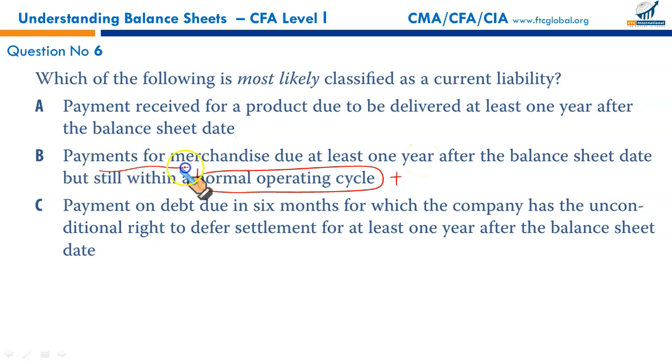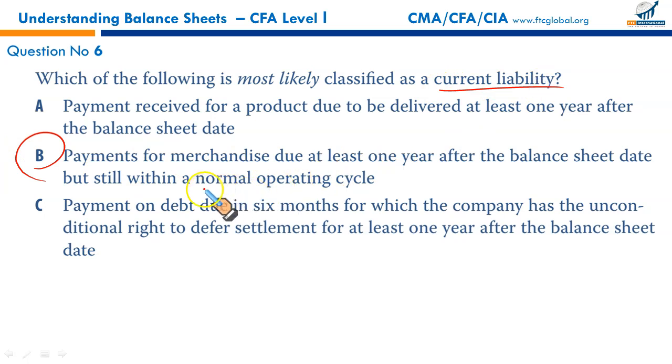Since this merchandise is to be delivered within the operating cycle, it is a current asset. The liability against it is a current liability. So that makes B the correct current liability, because it has to be settled within the normal operating cycle. Why not C?